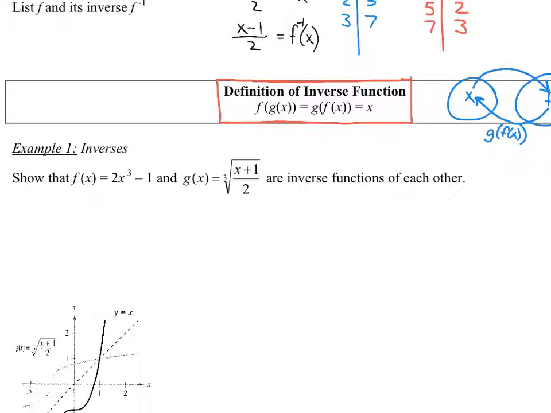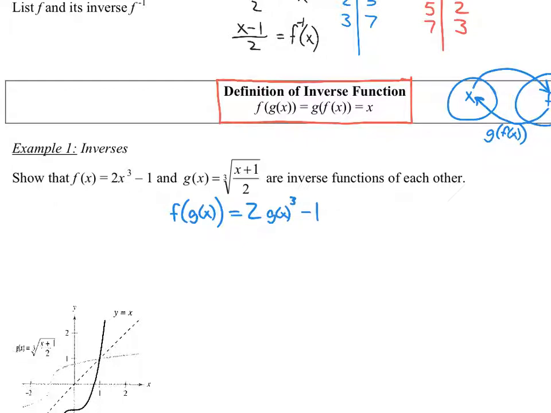Well, we're going to use the definition. Alright? So, if I'm trying to prove that f and g are inverse functions of each other, I'm going to take, first of all, f of g of x. Okay? Well, f of g of x is going to be 2 times g of x cubed minus 1.